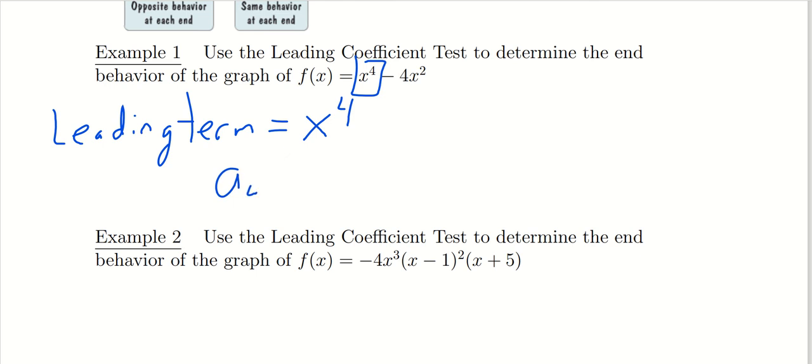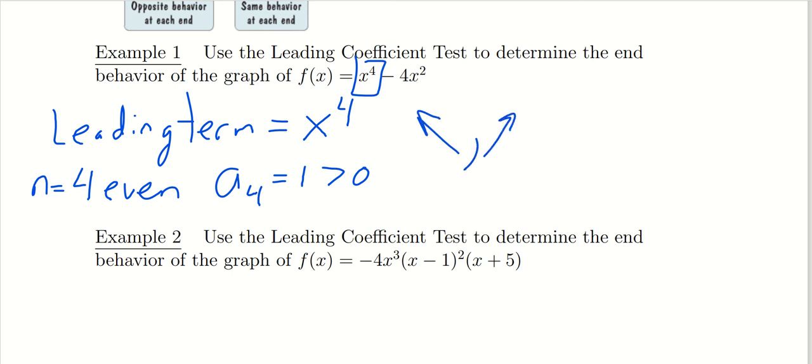Our a sub 4, the leading coefficient, is 1, which is positive, and the degree of this polynomial is 4, which is even. Whenever we have an even leading exponent and a leading coefficient that's greater than 0, we know that's going to go up to the left and up to the right. So that would be our end behavior.